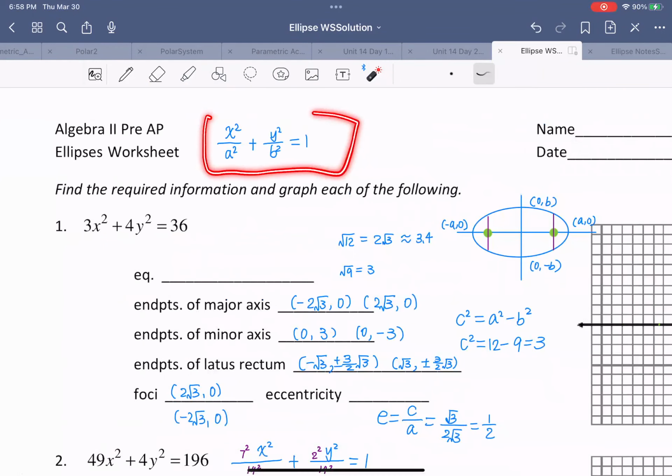That's the ellipse standard equation. By this, we first divide each term by 36 to change this to the standard equation. Go ahead. If everybody divides by 36, this becomes what?